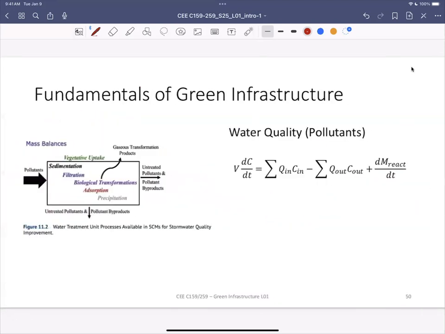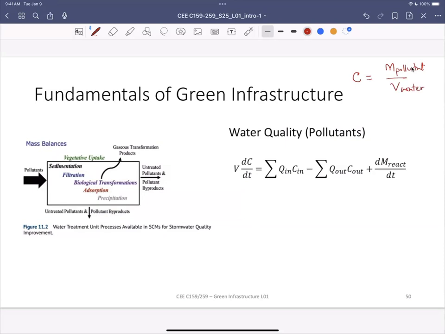What about the amount of pollutant it captures or removes from the runoff? Pollutants come in water, so we have to understand how water volume is related to pollutant mass. Remember that the concentration of pollutants is basically the mass of pollutants by the volume of water.